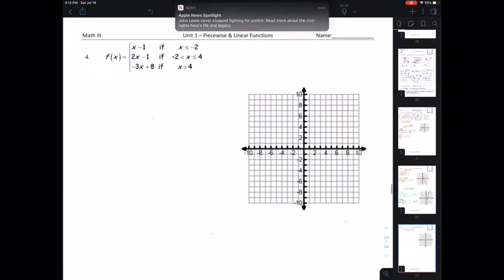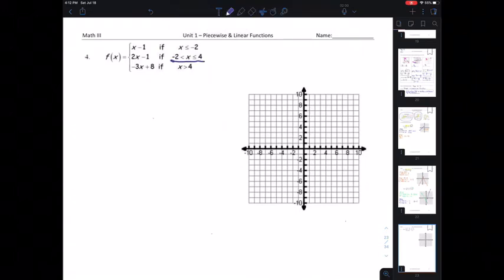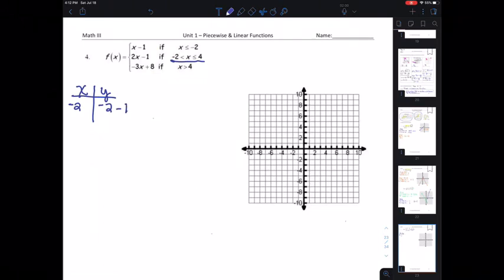Now in this next problem, we have 3 parts. So again, remember, if we have 3 parts, for the middle one we have to take the endpoints of both of those. So let's start at negative 2. When x is negative 2, we have negative 2 minus 1, which is negative 3.